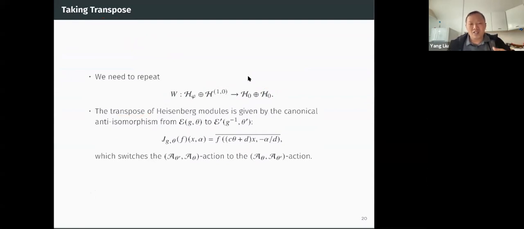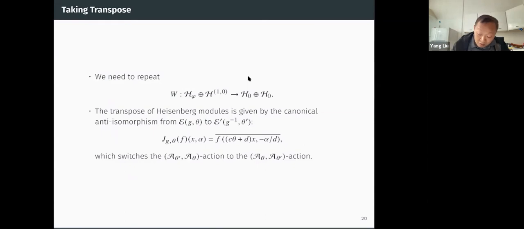Without this Heisenberg module, we don't have to change the Hilbert space. For the transpose, we make use of the Tomita antilinear unitary associated to phi 0. But in this case, we have to take the recipe of taking complex conjugate in this Morita equivalent business.